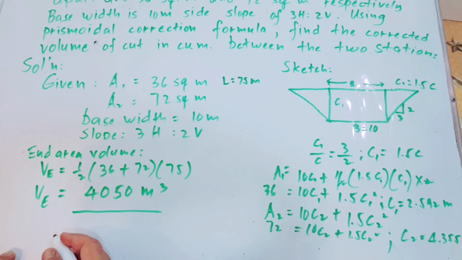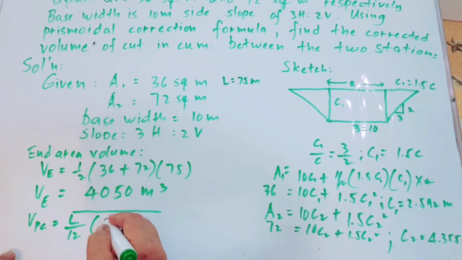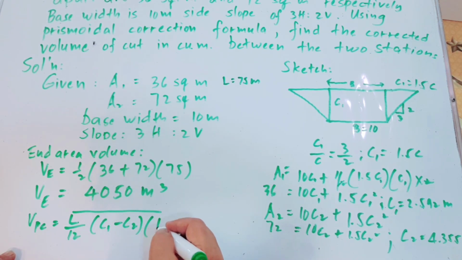To solve the prismoidal correction, we use the formula: volume of prismoidal correction is equal to the length over 12 times C1 minus C2 times D1 minus D2.